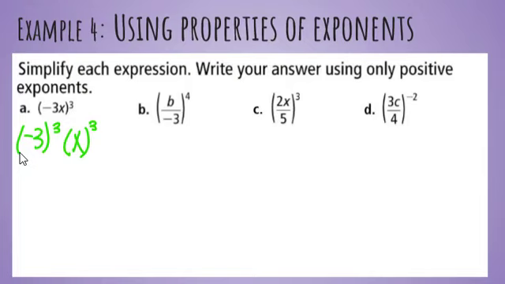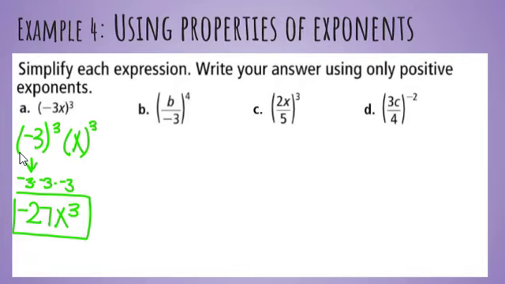Negative 3 cubed is really saying negative 3 times negative 3 times negative 3. So negative times a negative is positive, times another negative is going to be negative. And 3 times 3 is 9, 9 times 3 is 27. So this is going to give us negative 27x cubed. So this is our final answer for the first one.